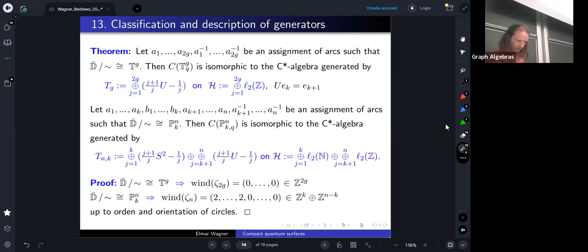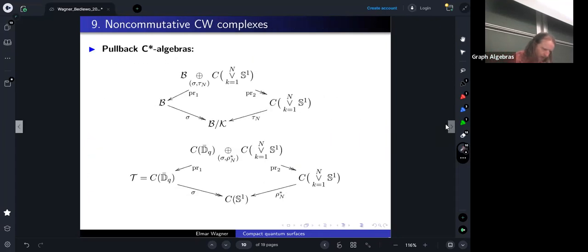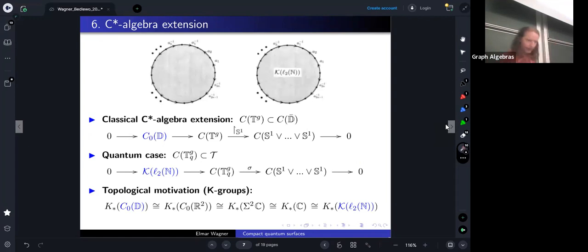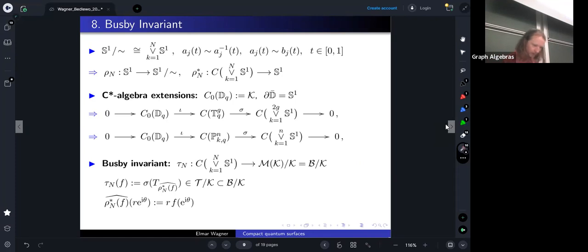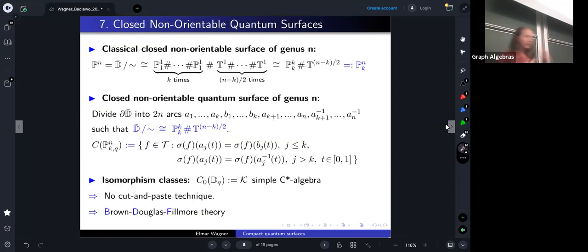So what we can do to get the generators of the K groups is this: you have these arcs, you take a unitary generator, and then you take the Toeplitz operator and its modulus.